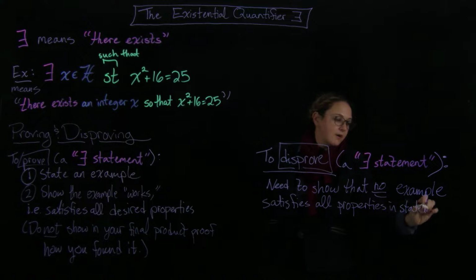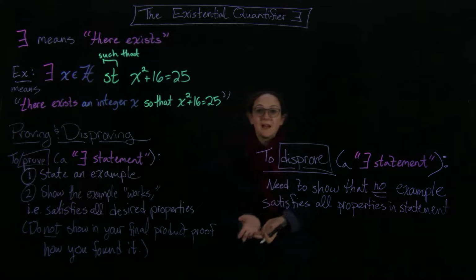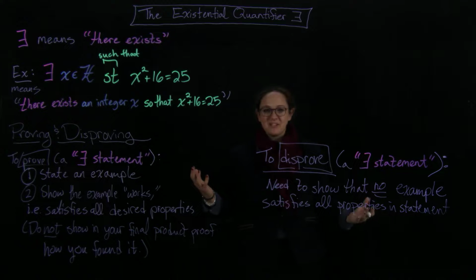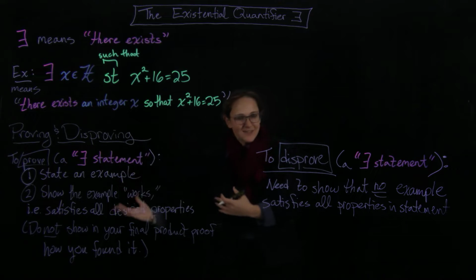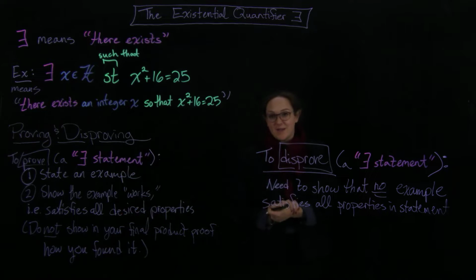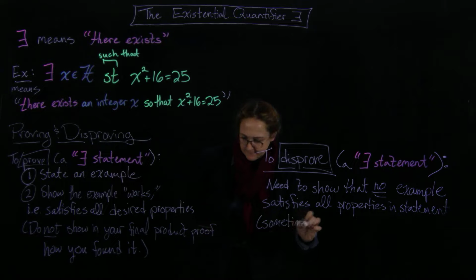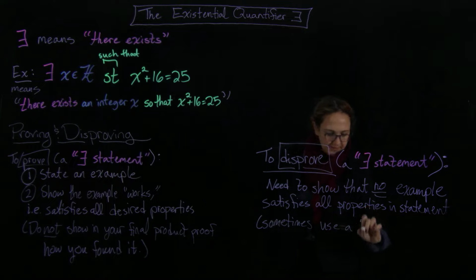Often the way to do that is a mathematical trick, which is to use proof by contradiction. Say, suppose there is an example that satisfies all these properties. Then this would happen, this would happen, this would happen, and then we get something that's impossible. So there must not have been an example.